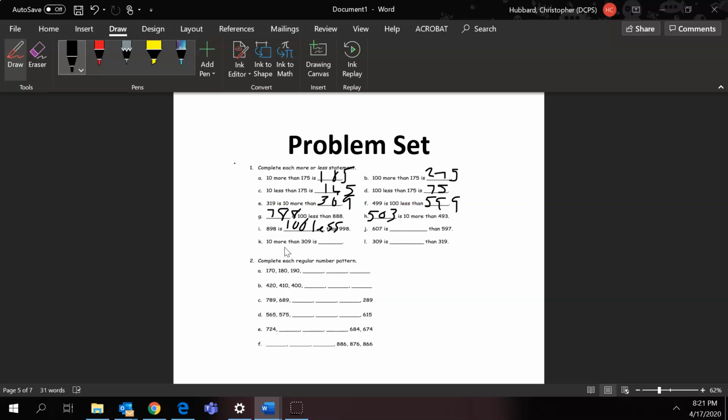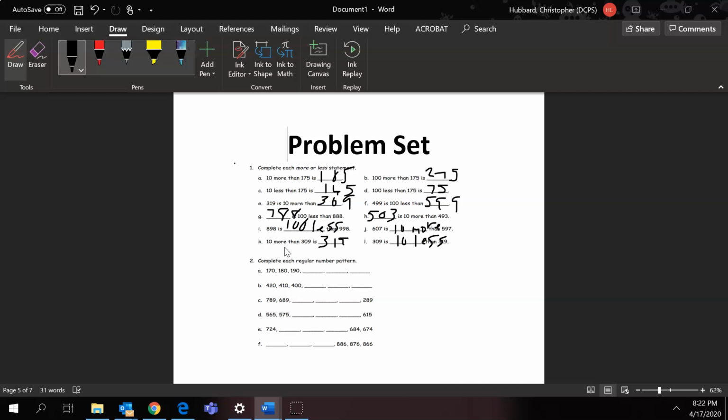That would be 10 more. 10 more than 309 is 319. And 309 is blank and 319. 10 less.